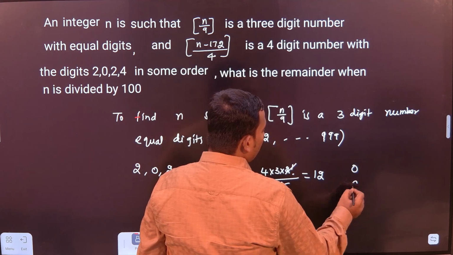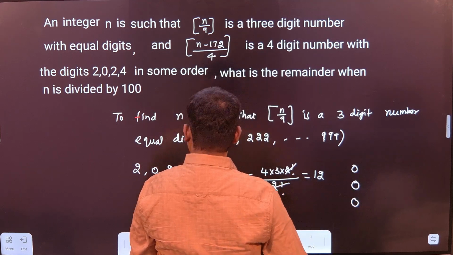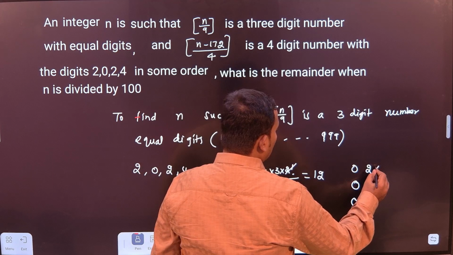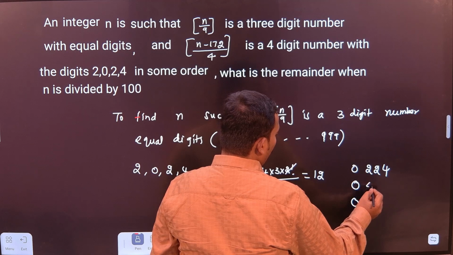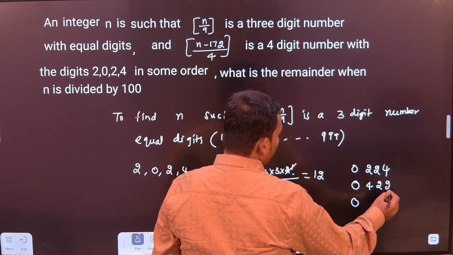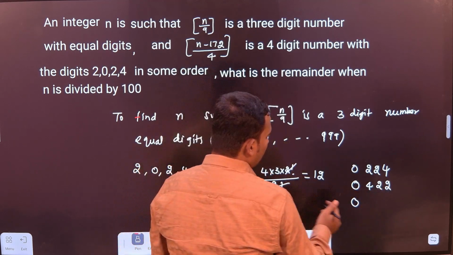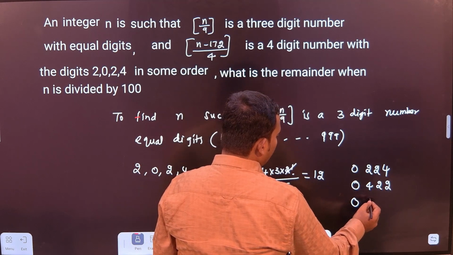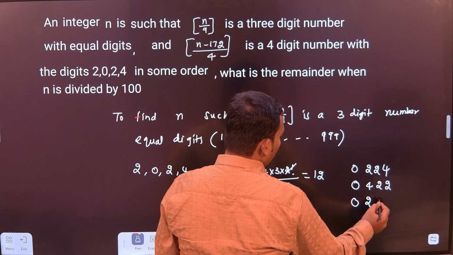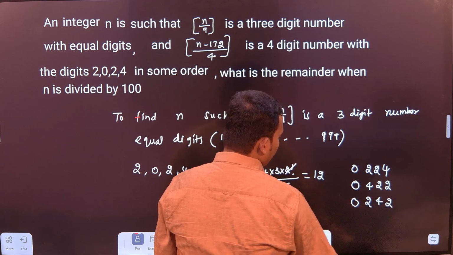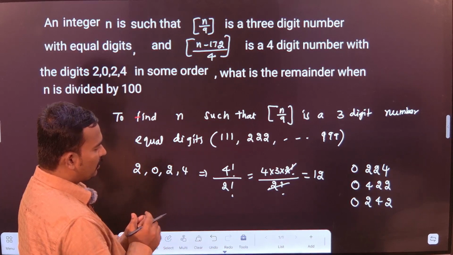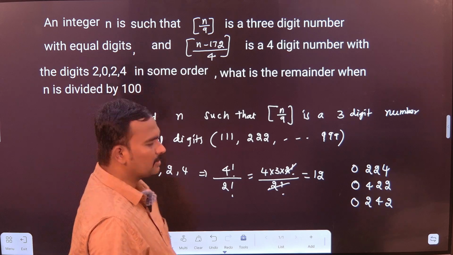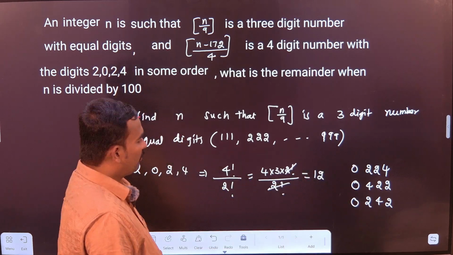So what are the numbers you have to remove? Those starting with 0. You have to remove these cases from the 12.